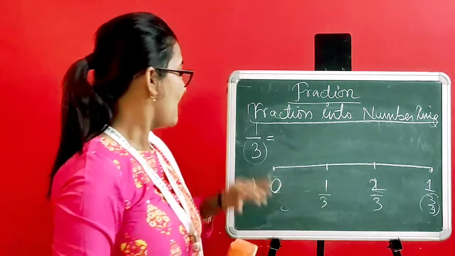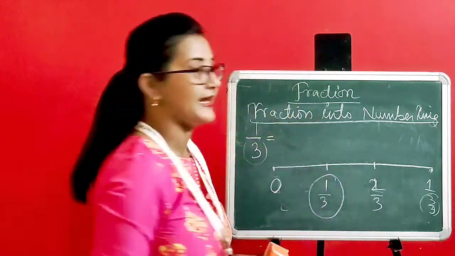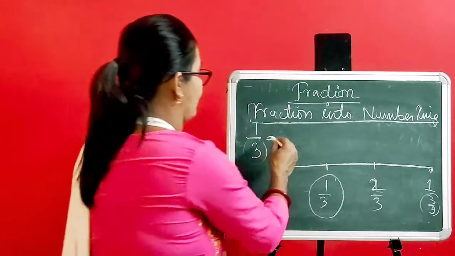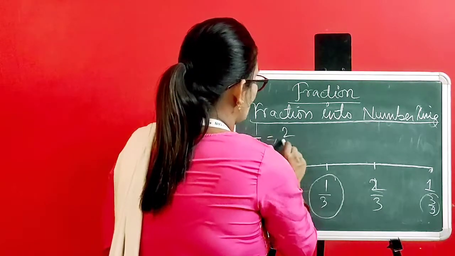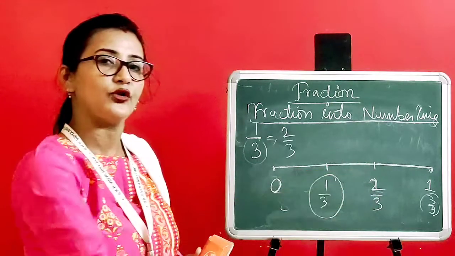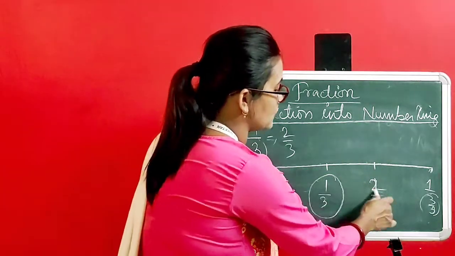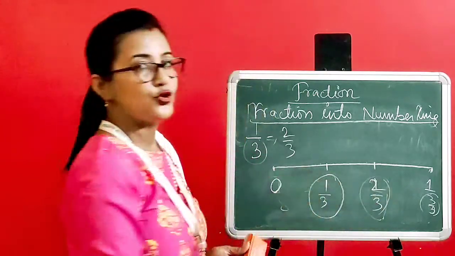So for 1 by 3, just give a circle here. If you have to mark 2 by 3, again you divide from 0 to 1 into 3 equal parts, then mark this. This will be 2 by 3.